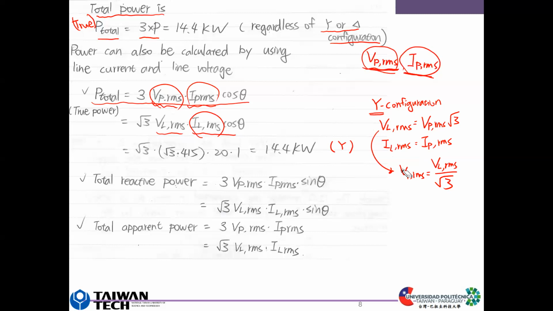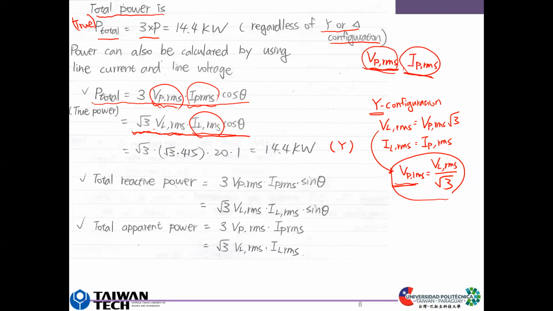If you replace VP with this VL, the equation becomes square root of 3 times VL RMS times IL RMS times cosine theta.